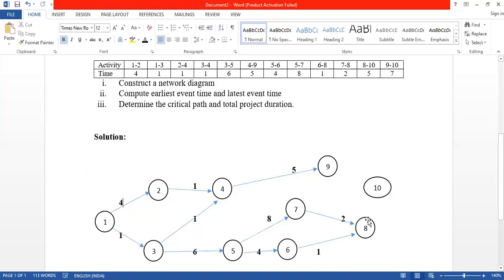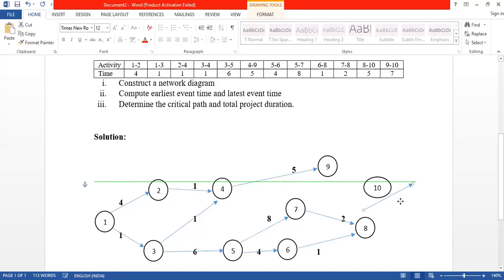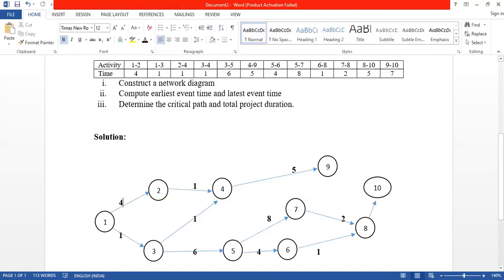Now there is an activity which is from 8 to 10. So this is from 8 to 10, right? And it is taking 5 hours time. Finally, there is an activity which is connecting 9 to 10.